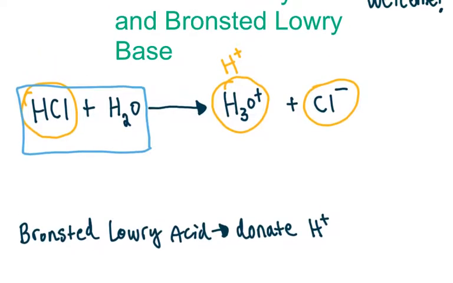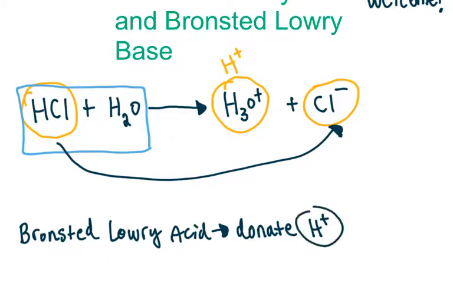If we look at this example, if we try to identify the Bronsted Lowry acid, we'll see that it's actually HCl. That's the Bronsted Lowry acid, because HCl turns into Cl minus. Where did the H plus go? Where did the hydrogen atom go? Where did the hydrogen cation go? Well, it joined with H2O. It transferred its H plus onto H2O, turning H2O into hydronium.